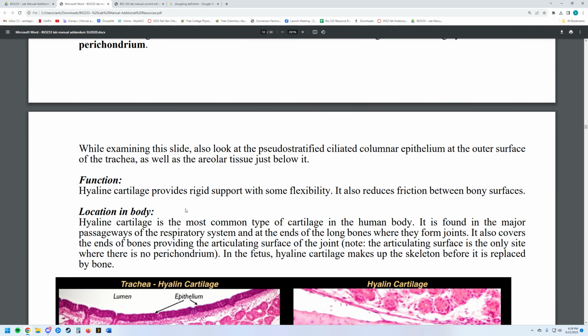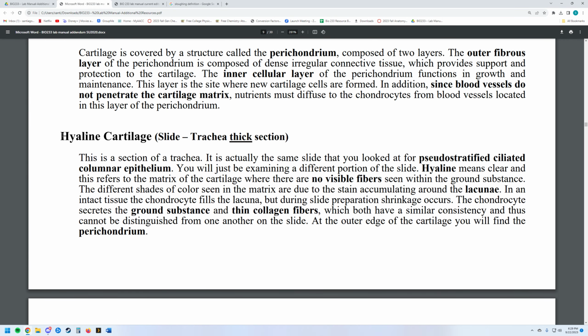No slides of cartilage? Oh, they're all the way down there. Okay. Hyaline cartilage. Trachea thick section. This is a section of the trachea. It is actually the same slide that you looked at for our pseudostratified ciliated columnar epithelium. Wow. You will just be examining a different portion of the slide.